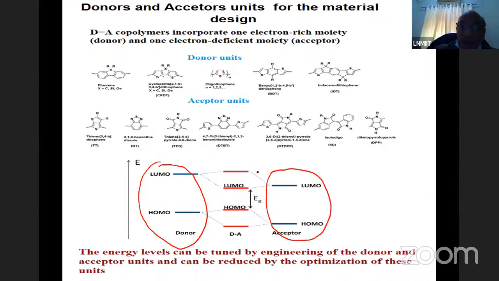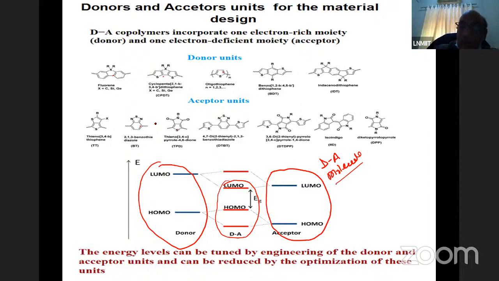Now when these two monomers combine with each other, there is an intramolecular charge transfer between donor and acceptor, and this will form a DA molecule like this. So now the band gap has been reduced. Here the band gap is this, here the band gap is this. We can design a lot of DA molecules or DA polymers.